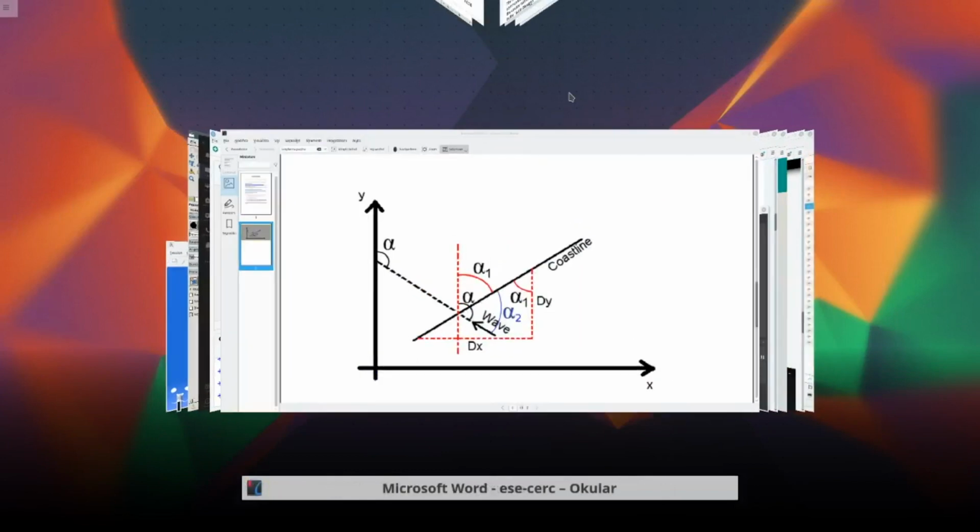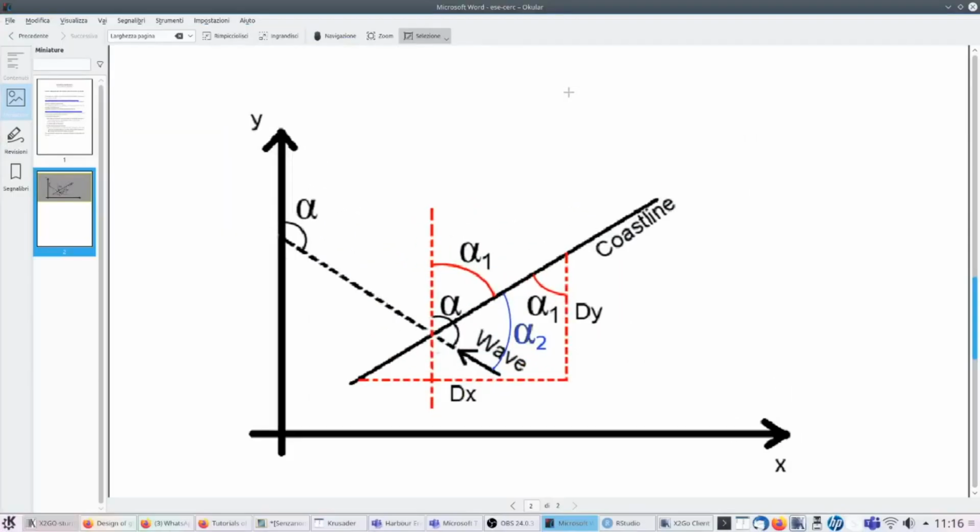Let me show you. You see here, it's more or less similar, and the difference which I am computing is the delta x that you see in the horizontal direction, and again my purpose is to compute alpha 2.